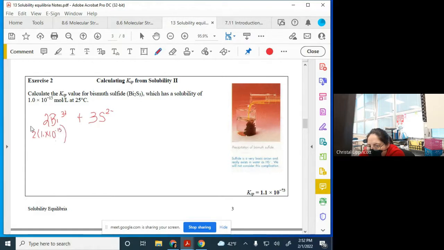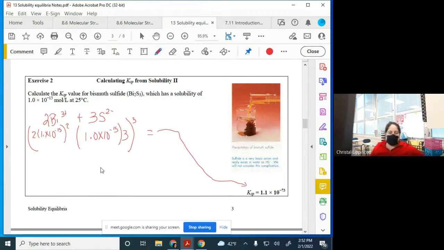And then what do we have to do to that whole thing? Square it. Then we have to multiply that 1.0 times 10 to the minus 15 times 3. And then what do we have to do to that whole thing? Cube it. Right. And then we got to multiply all that jazz together. And when you do that, this is what you should end up with. Let's see if you can get that to come out on your calculator.